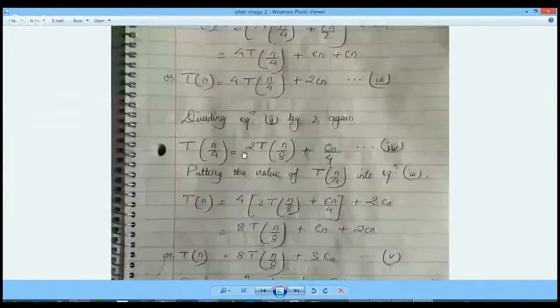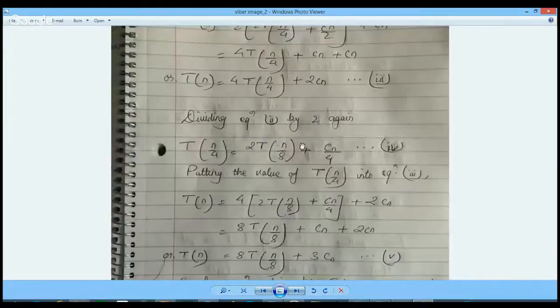Again, dividing equation 2 by 2 again. So equation 2 is this thing right here. We again split the n into two halves. So T(n/4) equals 2T(n/8) plus Cn by 4.